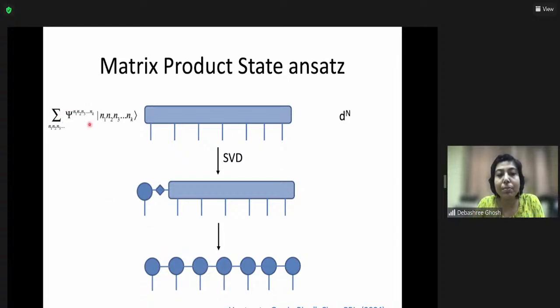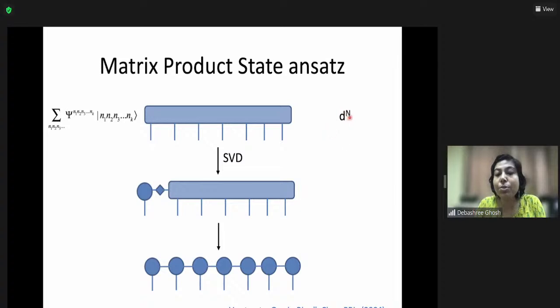So I'm essentially kind of massaging this weird object into an object that I know how to deal with, because I know how to deal with a few dimensional objects rather than a many dimensional tensor. And furthermore, after I perform this singular value decomposition, if I look at the singular values and retain only the most important singular values, I may be able to reduce the total number of terms that are in this expression.